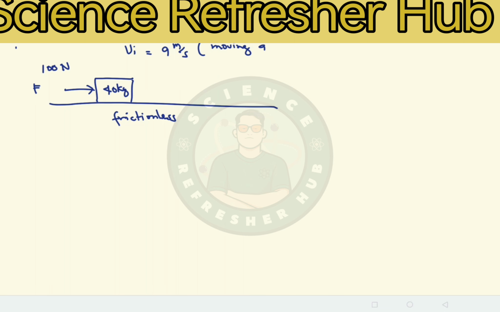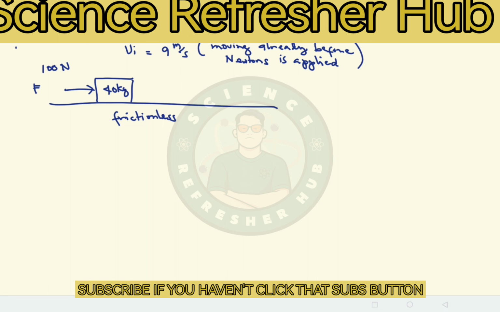And this object is moving already before the 100 Newton is being applied. Again, this 40 kilogram mass is already having its momentum, and then something or someone applied a 100 Newton force to it.